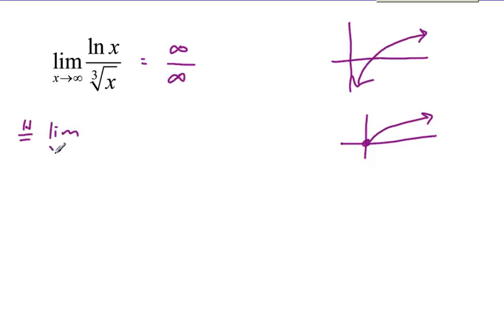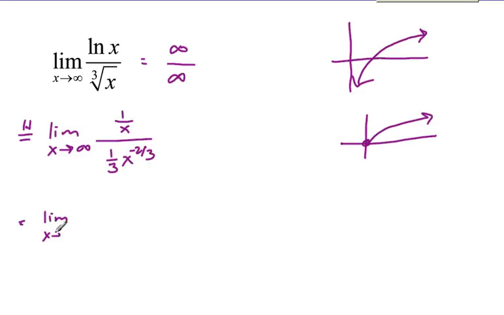The limit as x approaches infinity. The derivative of natural log x is 1 over x. Derivative of cube root of x, 1/3 x to the negative 2/3. Now in this case, it probably makes a lot of sense now to do some cleanup. I'm not going to use L'Hopital again, but I'm going to do a little algebra to see what happens with 1 over x over the other.